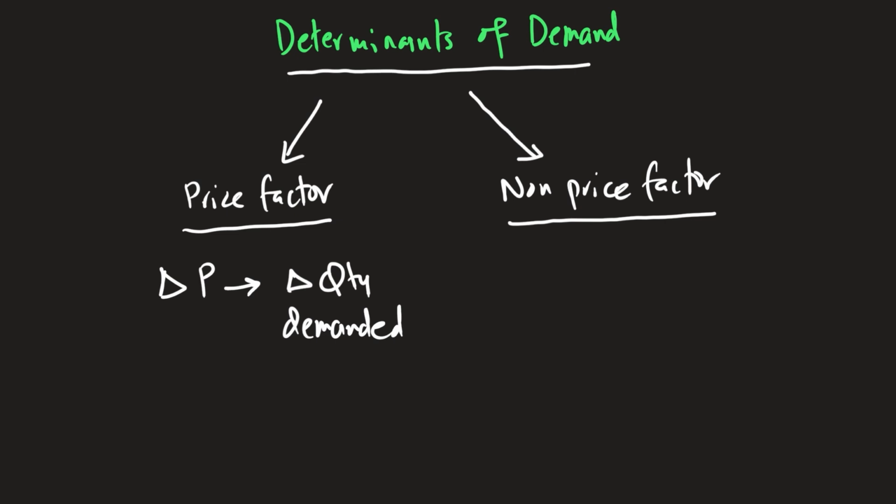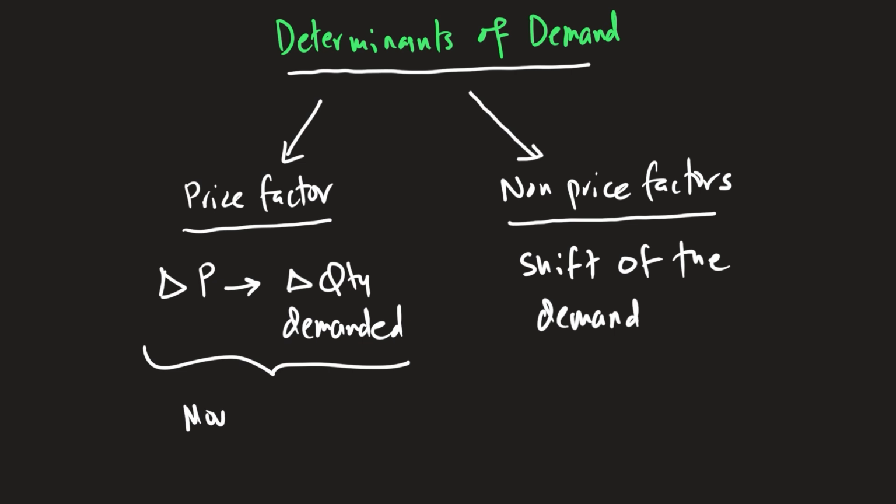That's what we call non-price factors. Non-price factors are the factors that, as we'll soon see, will result in the shift of the demand curve. So price factors cause a movement along the demand curve, while non-price factors will result in a shift of the demand curve.